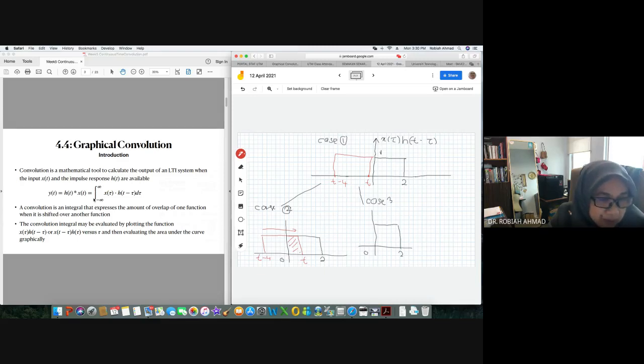Tetapi bila kita demonstratekan dia in terms of integral, so this is where the T is changed into tau and then one of the signal has to go the flipping and the shifting. Okay, kenapa kita shift? Sebab kita nak gerak-gerakkan dia, nak buat convolutions, to look, to find the area under the curve. Okay, boleh?